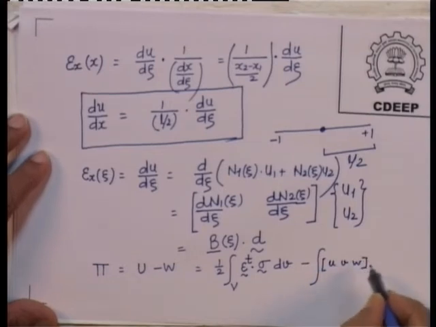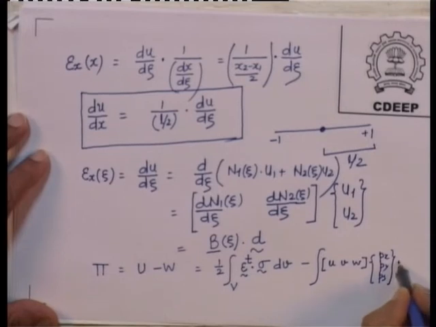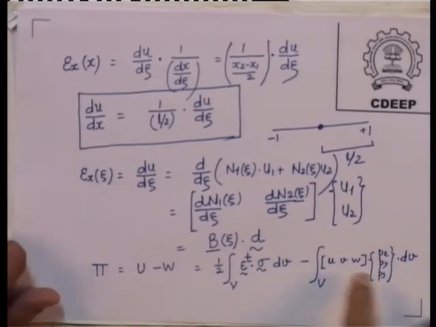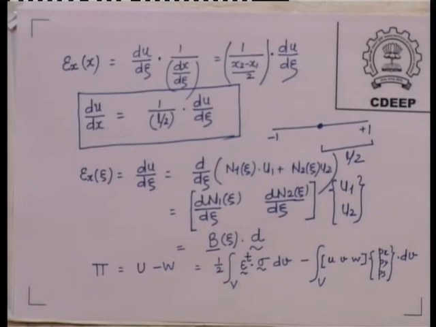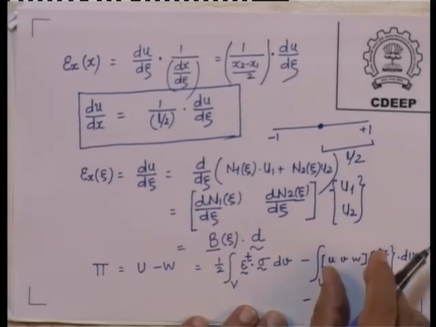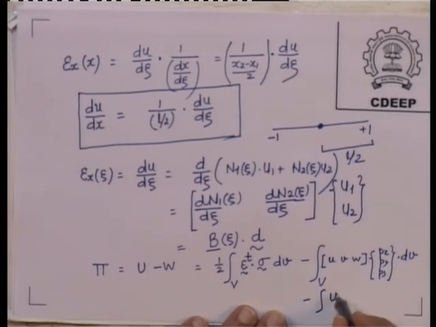If UVW are the displacements, it will be something like this: UVW multiplied by Px, Py, Pz per unit volume multiplied by dV. So that is the work done by external forces distributed per unit volume.